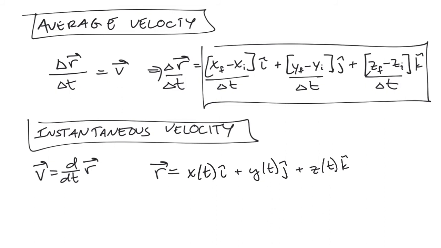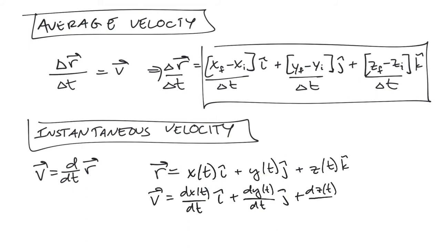And then in order to take the derivatives, or to find the velocity, you just take the derivative of each function with respect to time. So this would be dx of t dt in the i direction, plus dy of t dt in the j direction, plus dz of t dt in the k direction.